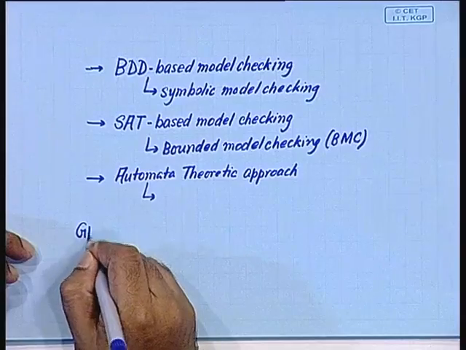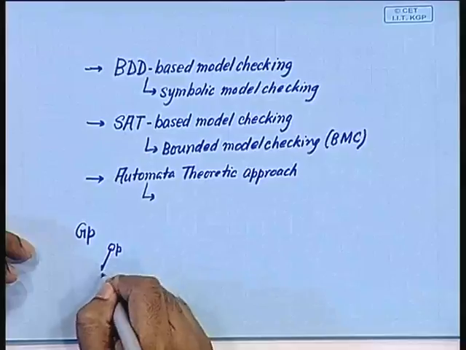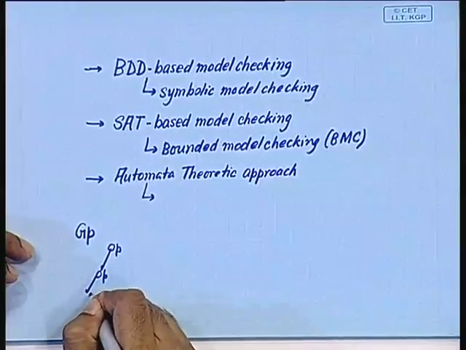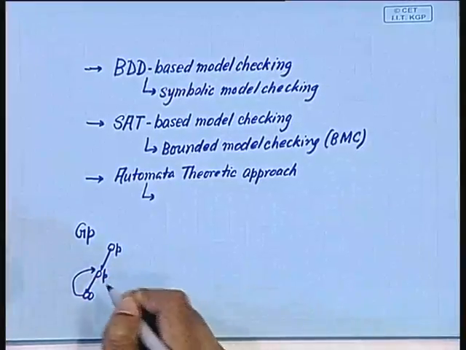Now, note one thing is that when you are looking for a property like GP, if you are going depth first, so you get P, you get P, you get P, and then suddenly you find a loop, right.